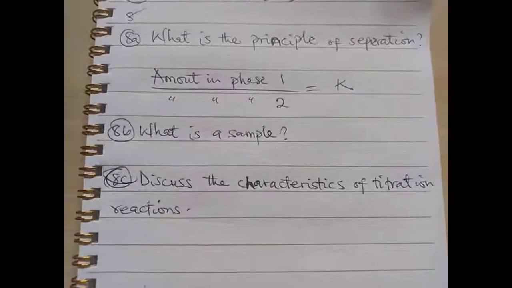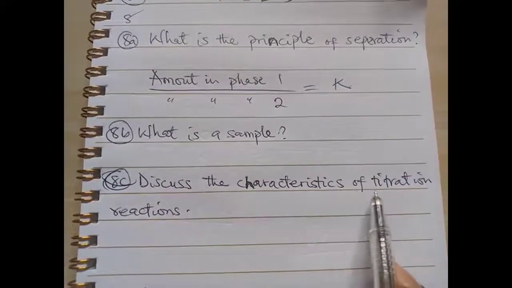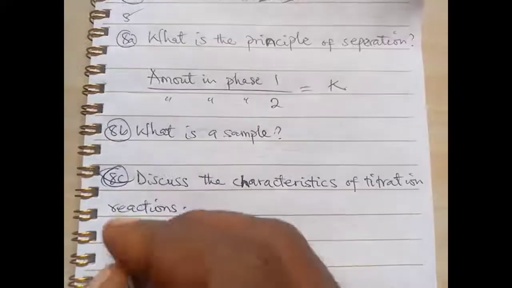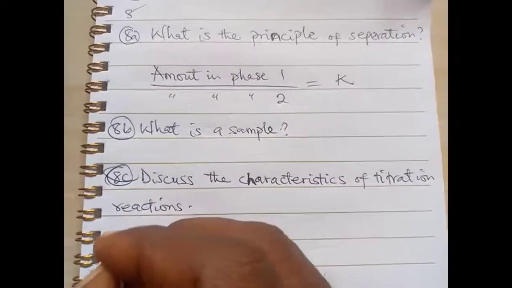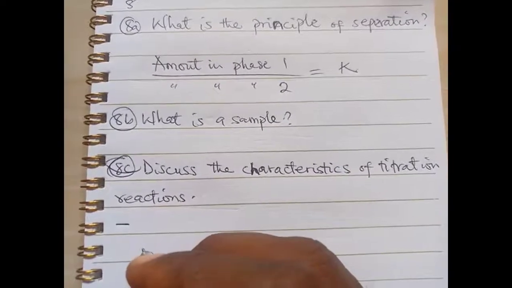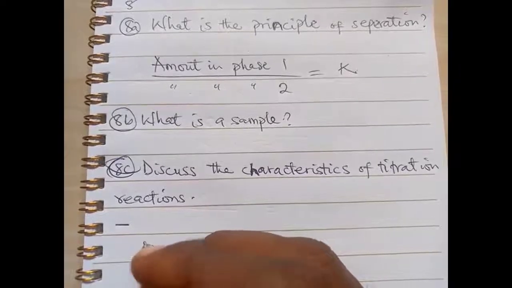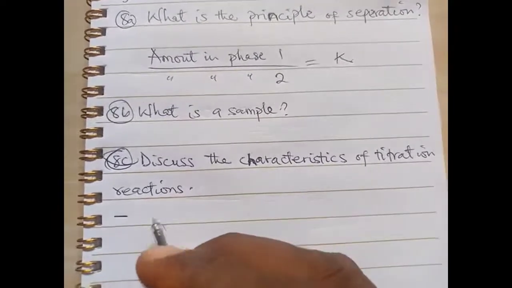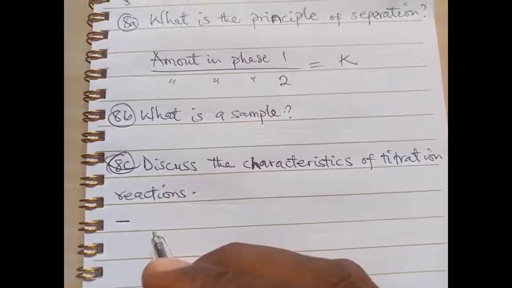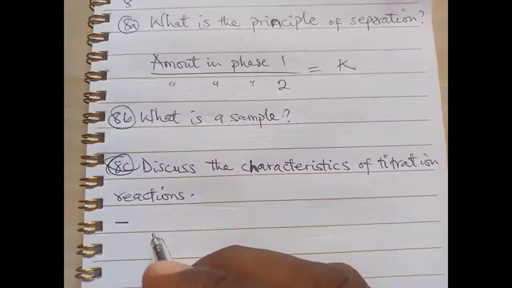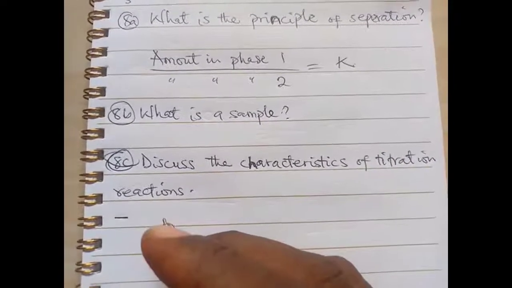The next question says, discuss the characteristics of titration reactions. The first one is, the reaction must be stoichiometric. What we mean by that is that there must be a well-defined and known reaction between the analyte and the titrant. The ratio of the reacting substances must be known.